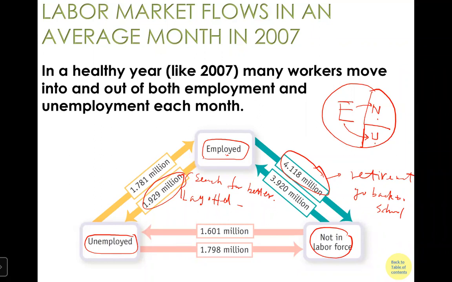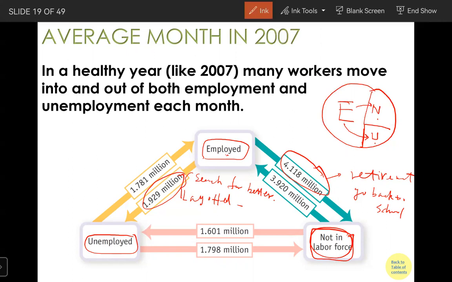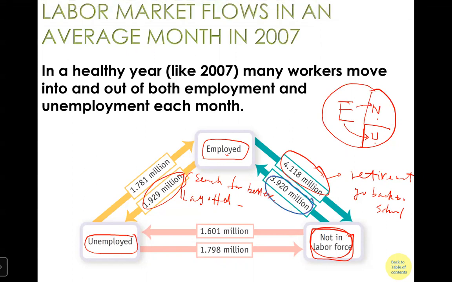Now, similarly, we can look at people who are in island N. They could move to employed. Let's use a different color to highlight the difference. So this gives me this group or this group.